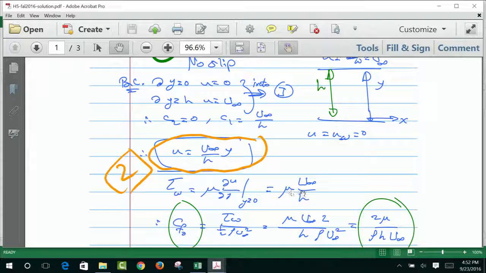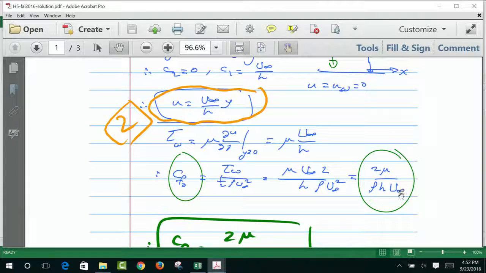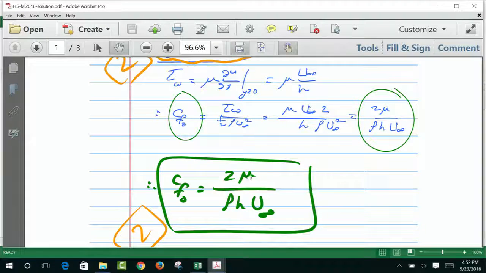But you wanted the shear stress at the wall, and he wants just the dimensionless form of it. Let's divide this over half rho U infinity square. I notice there is U infinity and U infinity square over here, so I'm just cleaning things up. And so it becomes like this, 2 mu over rho H U infinity. Question about this? Piece of cake, right?